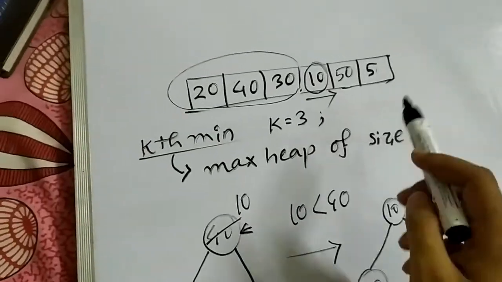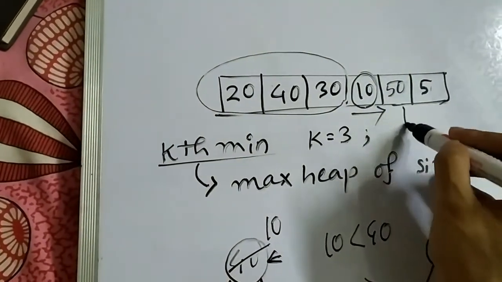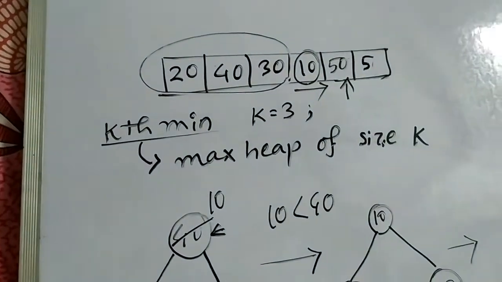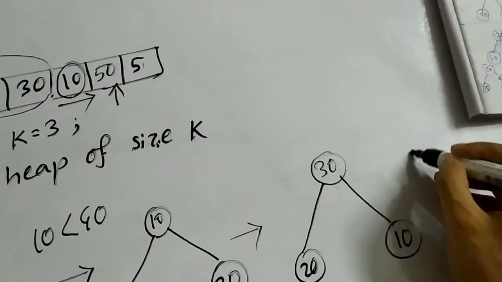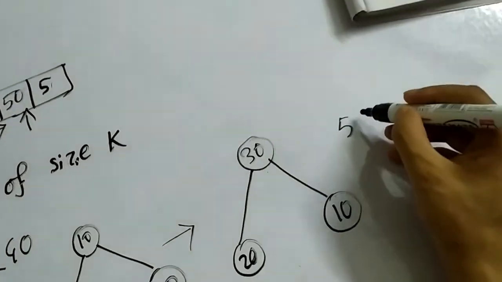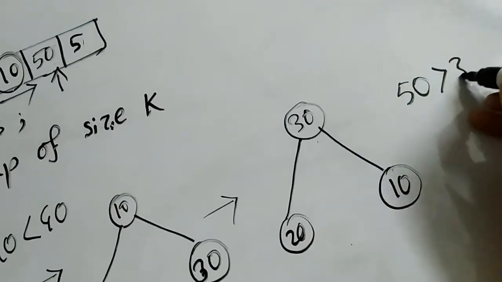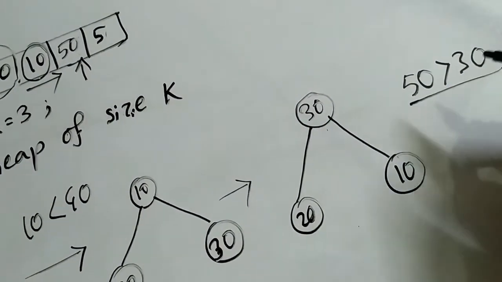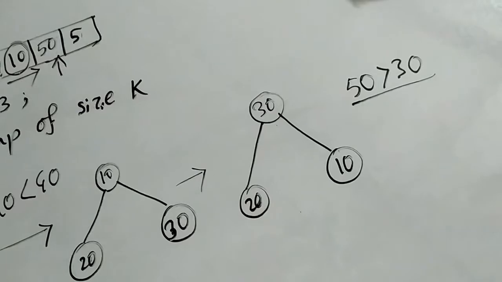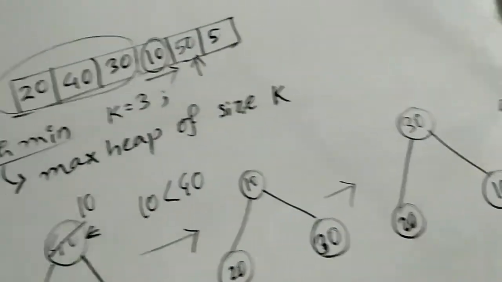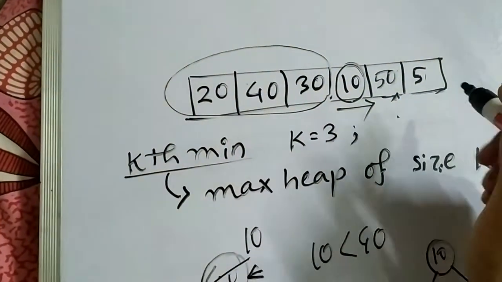Now I am looking at the array and I get an element 50. 50 is greater than 30, so 50 is not eligible to become a minimum. So I am moving further.